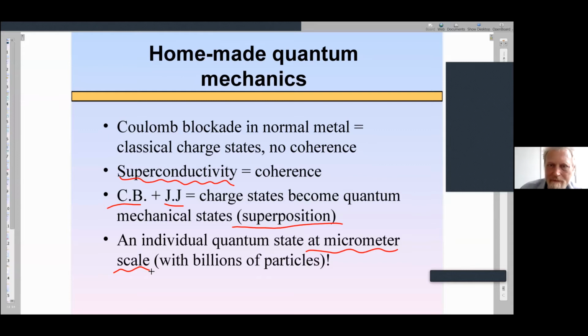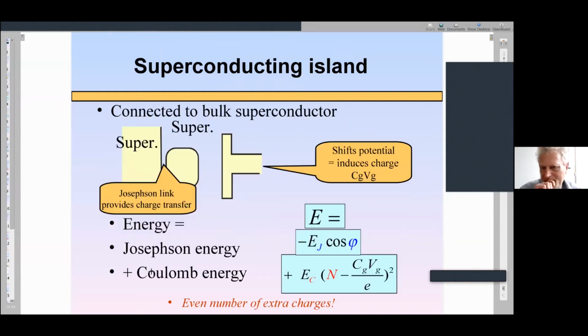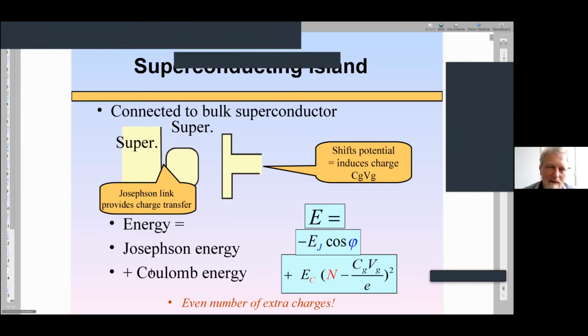Fine. Let me see how it comes about. Why is it quantum mechanical after all? First of all, let me remake the system which I just showed. It is a superconducting electron box, or they call it a Cooper pair box.